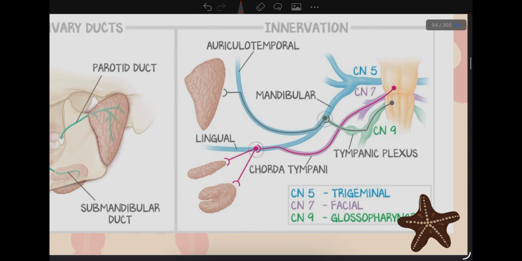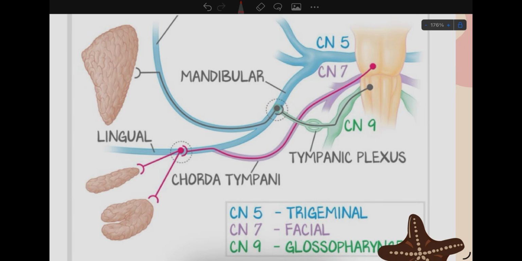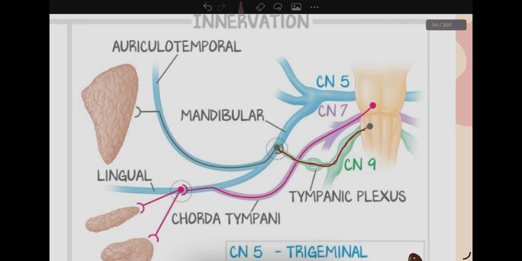Let's take the parotid as an example. It's getting its innervation from the glossopharyngeal nerve, and we said it's a parasympathetic innervation, so there is preganglionic and postganglionic. The fibers of the glossopharyngeal travel, and then they synapse onto the ganglion. But wait, which ganglion is that again?